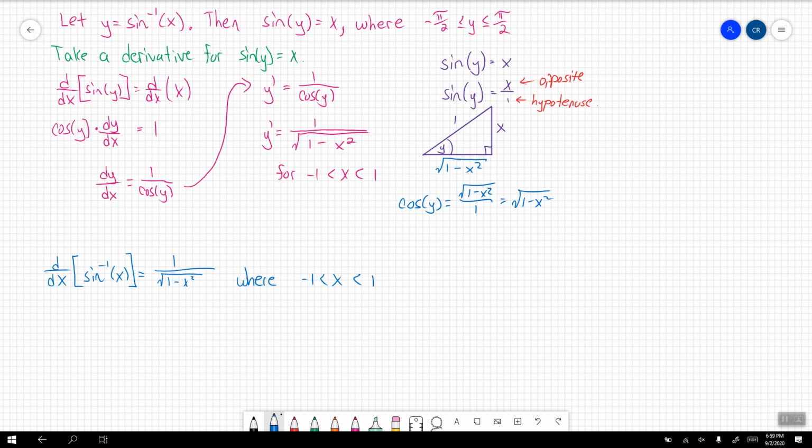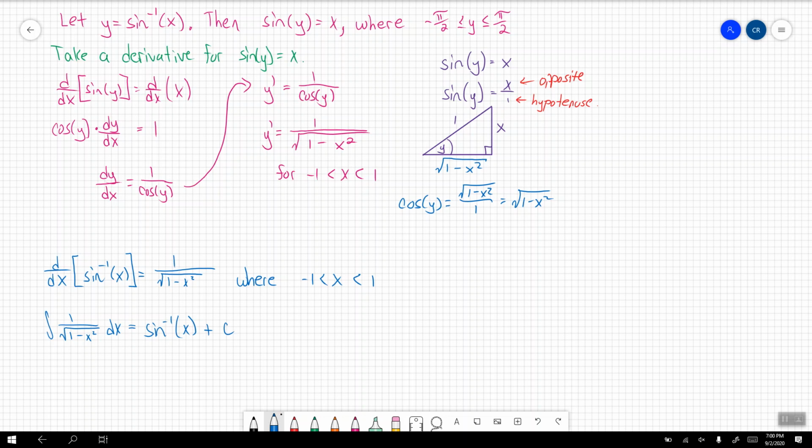Now, very similarly, if we wanted to go backwards, so if we wanted to apply the fundamental theorem of calculus, we would then take the integral of both sides of this equation that we developed, and we would then get that the integral of 1 divided by the square root of 1 minus x squared with respect to dx is going to be equal to sine inverse of x plus some constant.